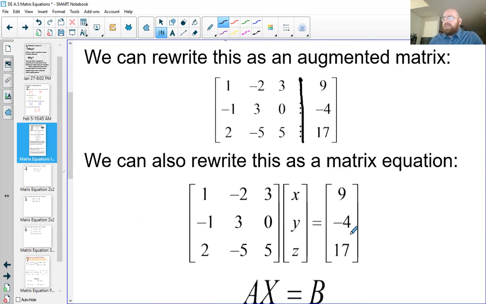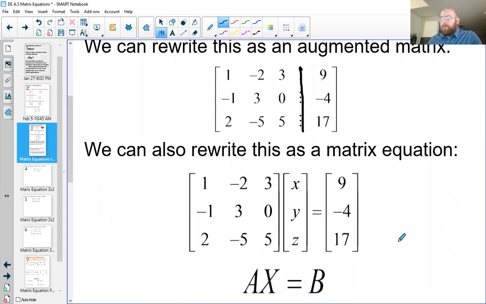We can also write this as a matrix equation. So we take our matrix, we call this A, hence down here A, and then we have a column matrix of our variables, x, y, and z. Now remember, when we multiply matrices, this is a 3 by 3 matrix.